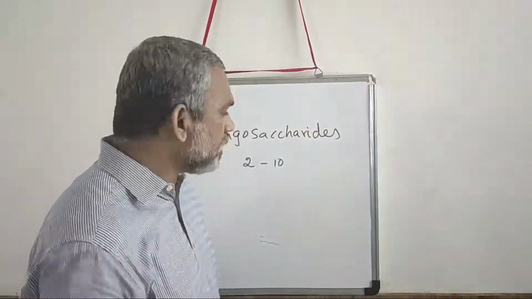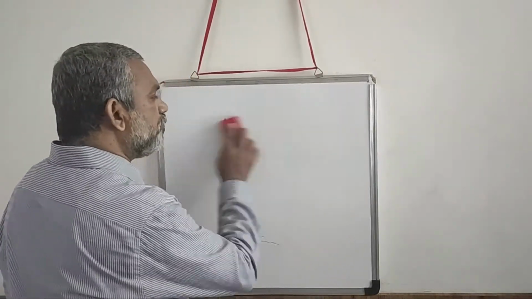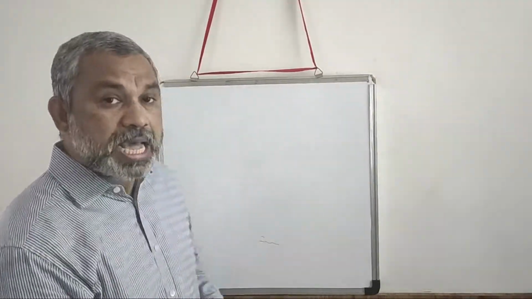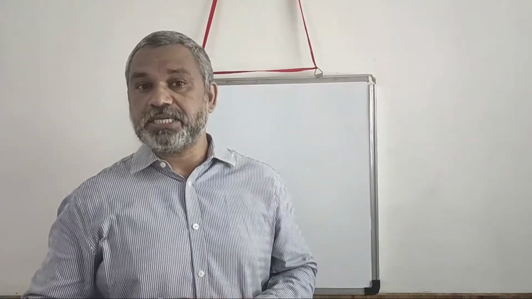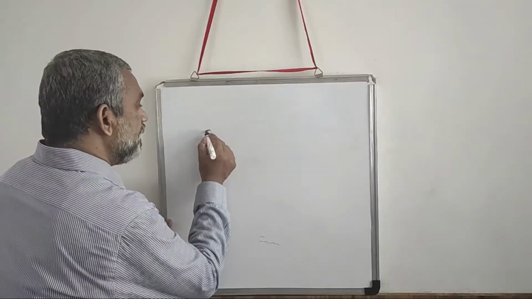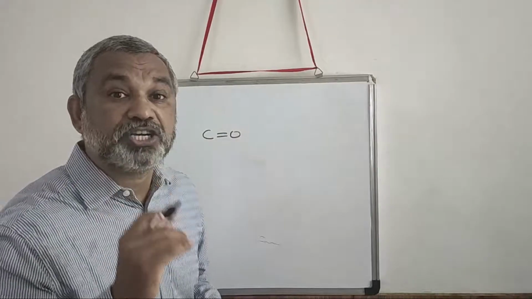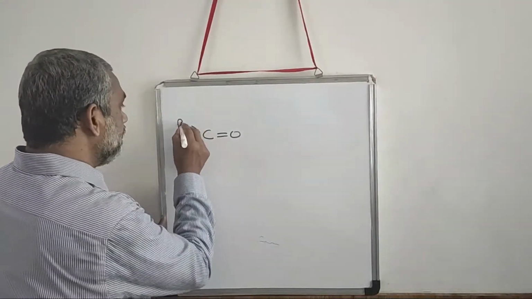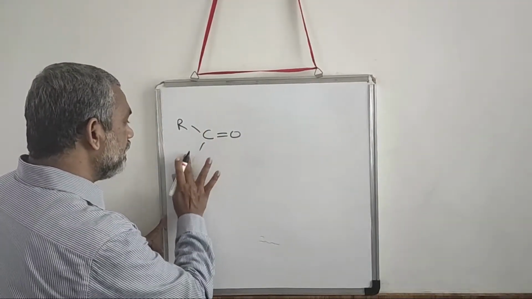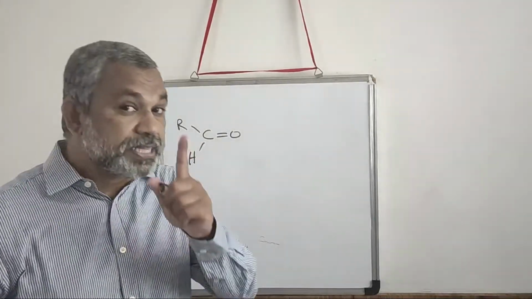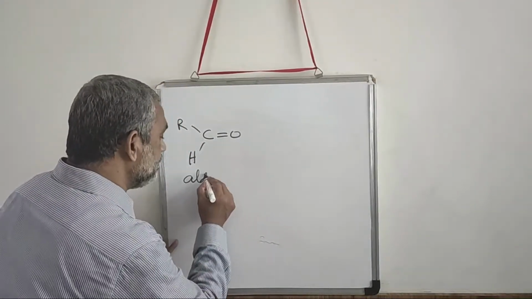If you look at the structure of sugars, let us represent that based on the functional groups. This is an example of an aldehyde.